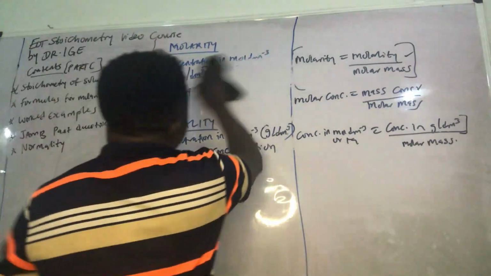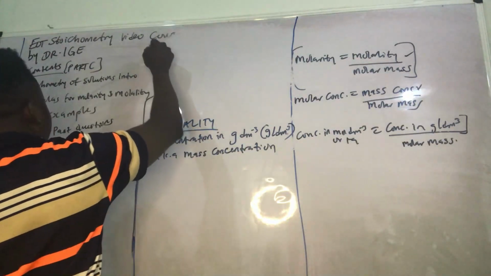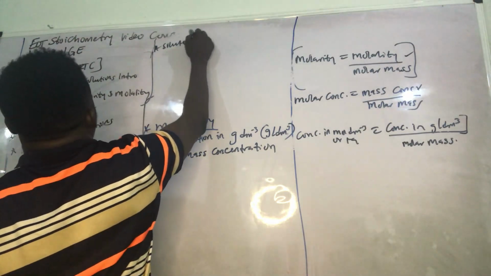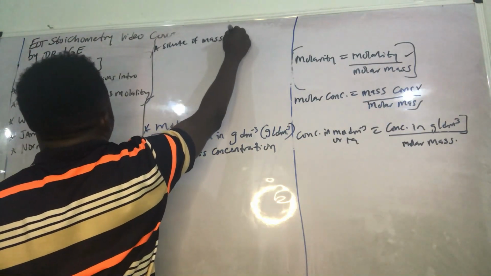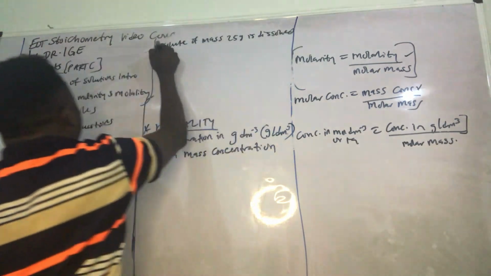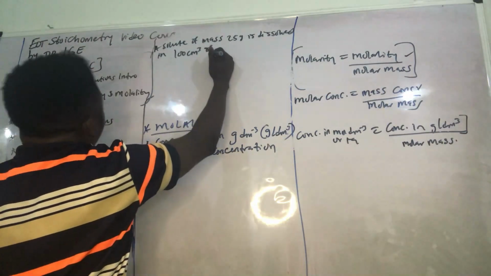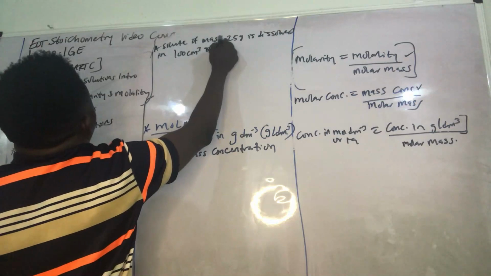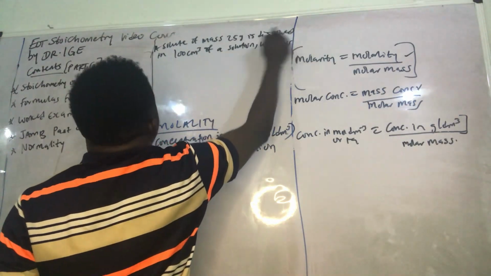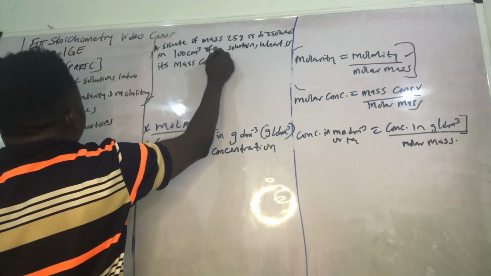So all you have to do is this. For instance, say you see a question like this: a solute of mass 25 gram is dissolved in 100 centimeter cube of a solution. What is its mass concentration?